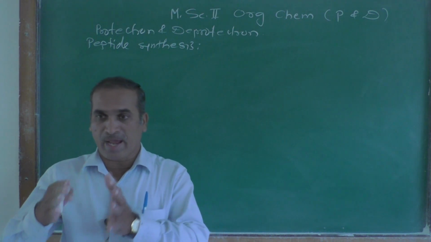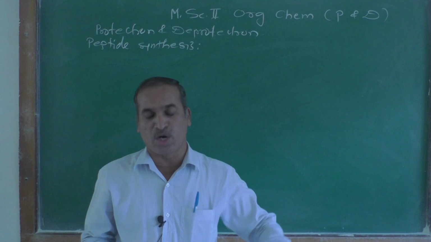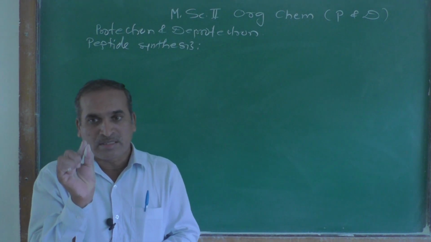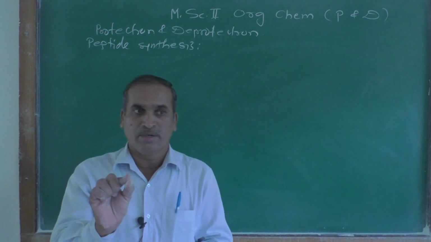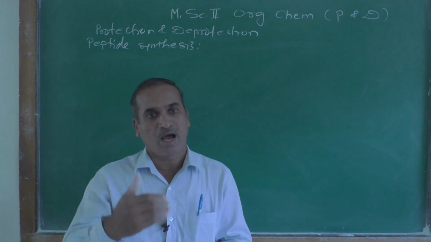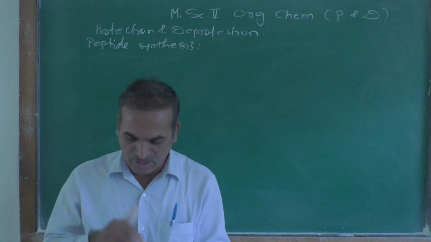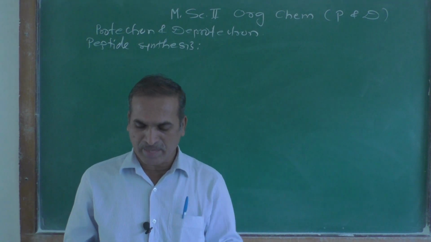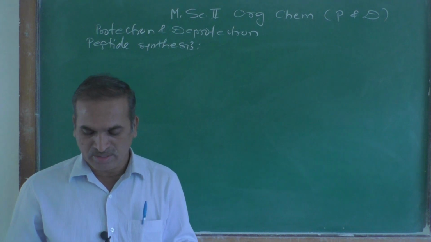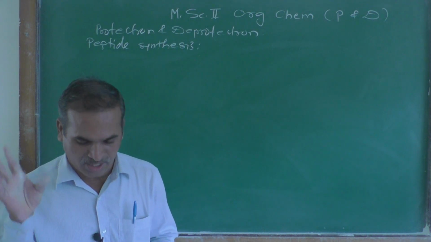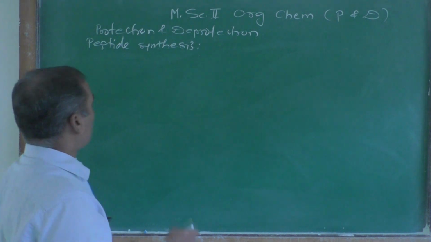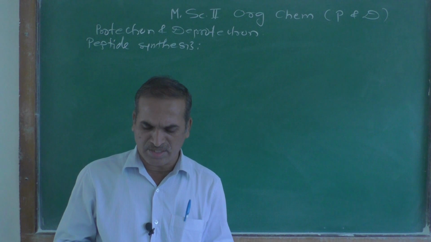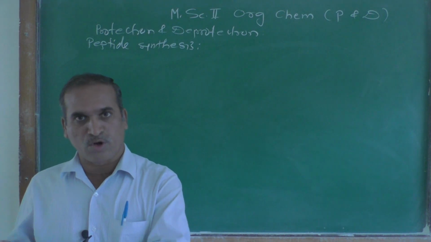Therefore planned synthesis is carried out in the laboratory so that we can get the single product in pure form, with higher yield. Controlled peptide synthesis is carried out in the following steps.